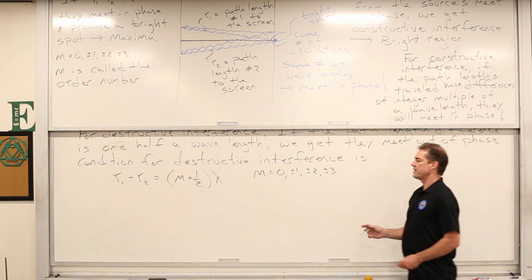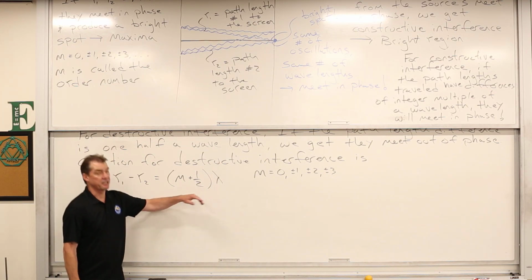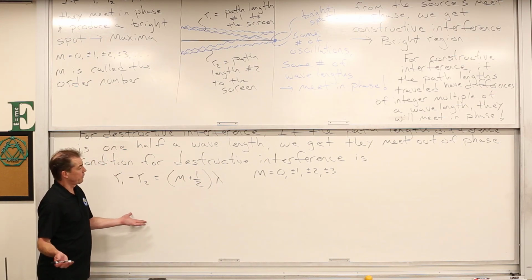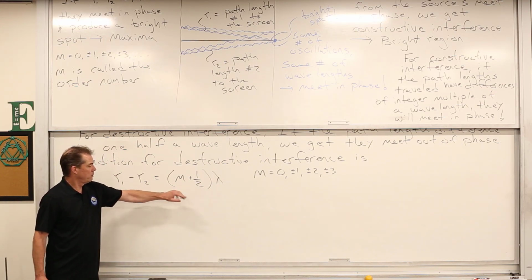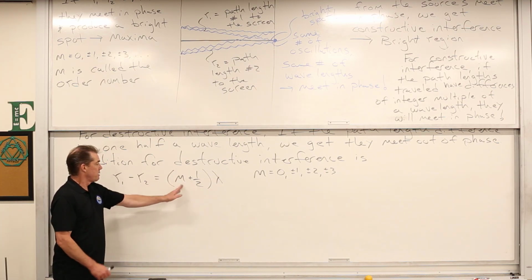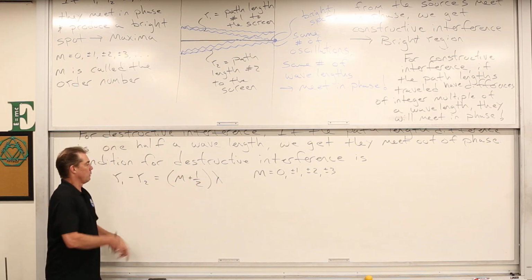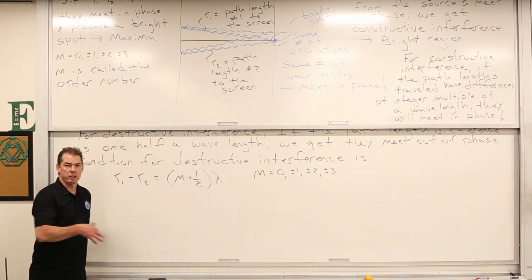This gives us a concise way of relating the path length difference to a condition necessary for destructive interference. Sticking in m equals 0, we've got the path length difference is lambda over 2, half of a wavelength. Sticking in m equals 1, it's different by 3/2 of a wavelength. m equals 2, 5/2 of a wavelength, and so on and so on.